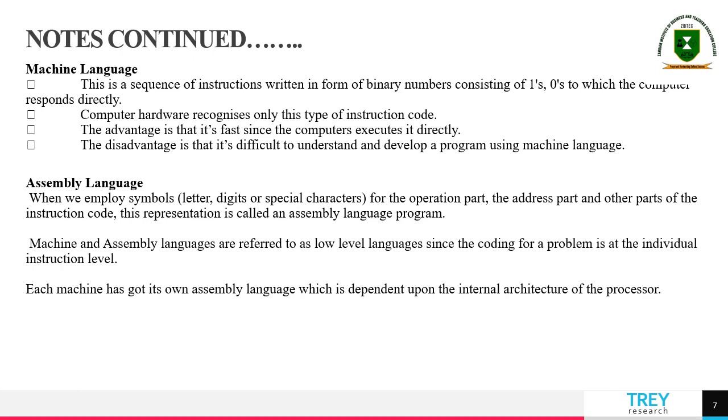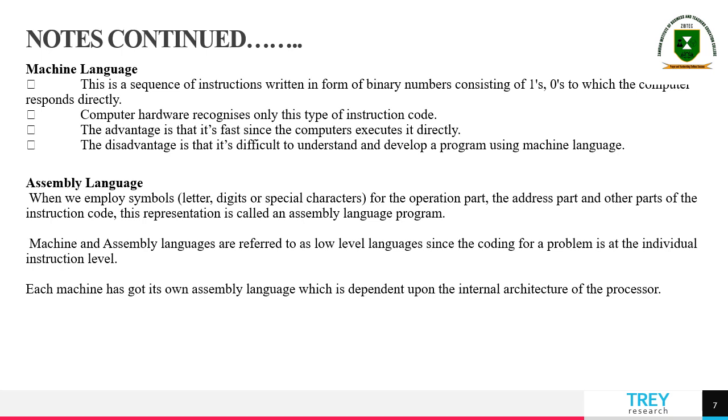Okay, let's move on now to assembly language. When we employ symbols, letters, digits, or special characters for the operation part, the address part, and other parts of the instruction code, this representation is called an assembly language. Machine and assembly language are referred to as low-level languages since the coding for a problem is at the individual instruction level.